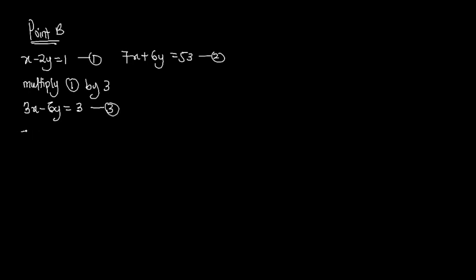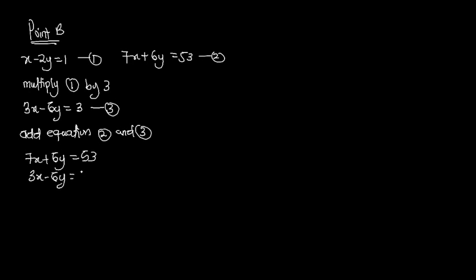So I can now say add equation 2 and 3. By adding them, I have equation 2 is 7x plus 6y is equal to 53, and then equation 3 is 3x minus 6y is equal to -3. Now 7x plus 3x will give me 10x. 6y minus 6y will give me 0, so that is gone.